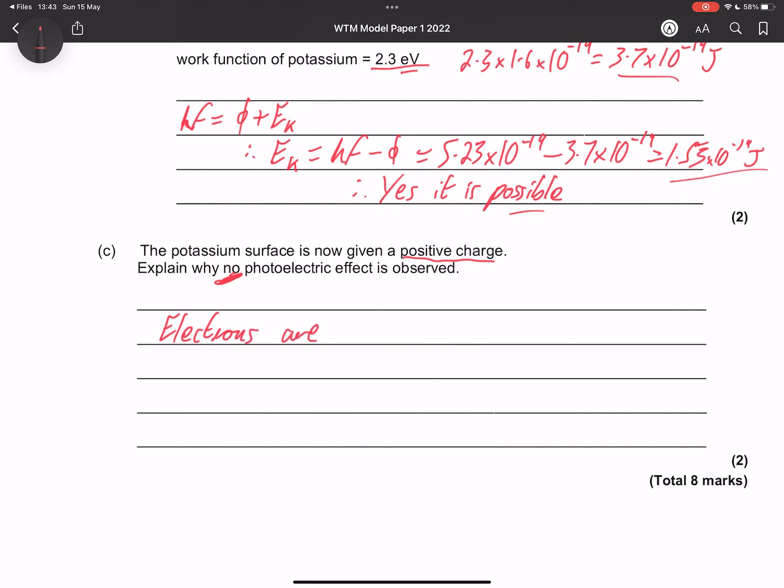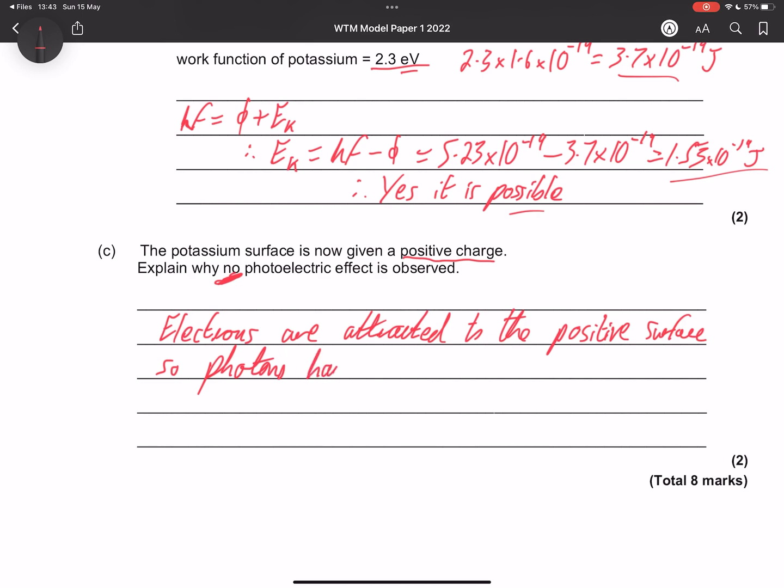But if we have a positive charge on the surface, you can't remove the protons. That's not going to happen. They're bound in the nucleus. So instead, we have to be able to remove electrons against the flow of the forces here. So we would have to just state that the electrons are attracted to the positive surface.